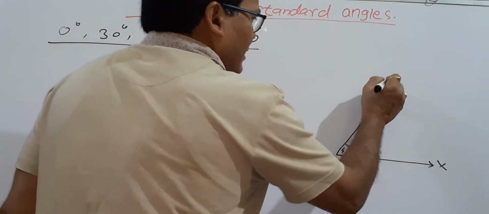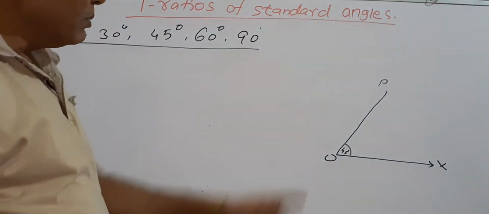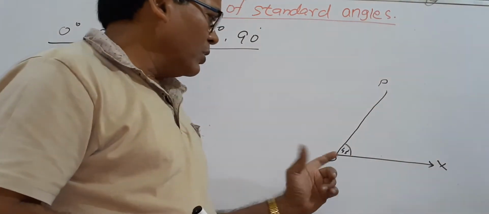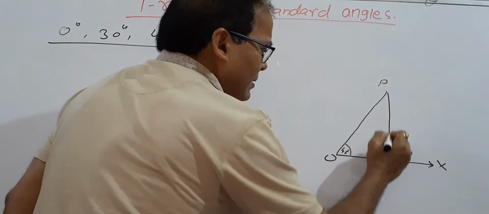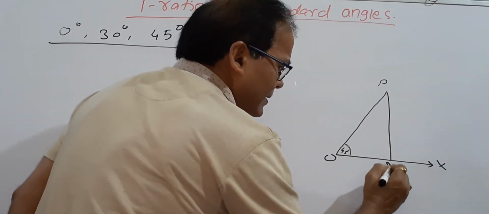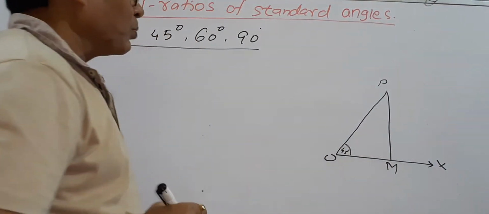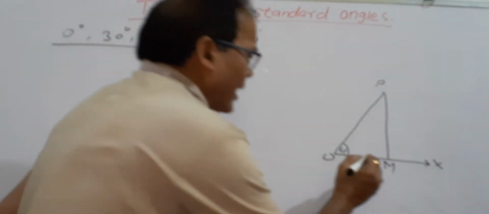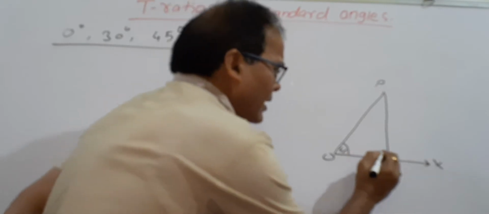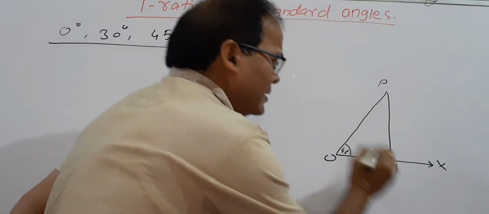Then from P we draw a perpendicular line to OX, and suppose it is M. Then when we draw the perpendicular, this will be 90 degree.